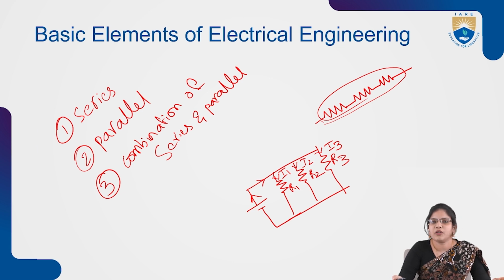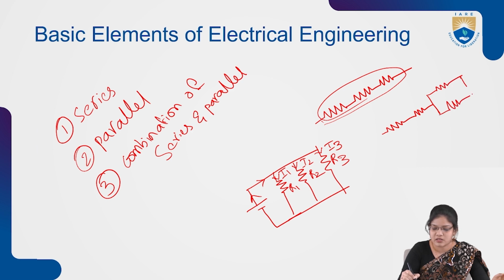Depending upon the combination circuit, if the circuit is combined, like some resistors connected in series and some in parallel, for example if these two are connected in series and this is in parallel with this, first we have to identify the combinations. First these two are connected in parallel and these two are connected in series.